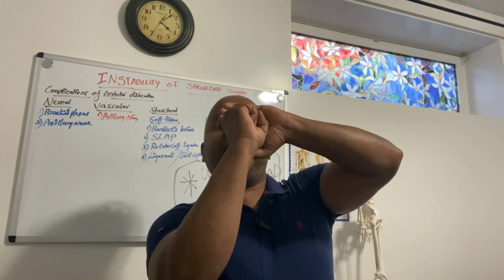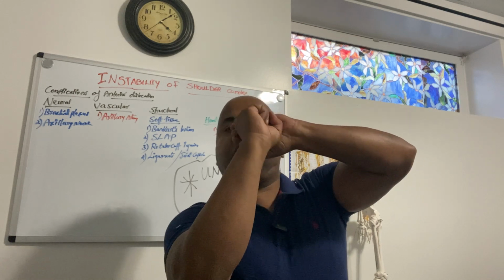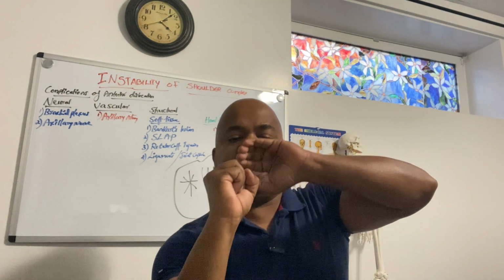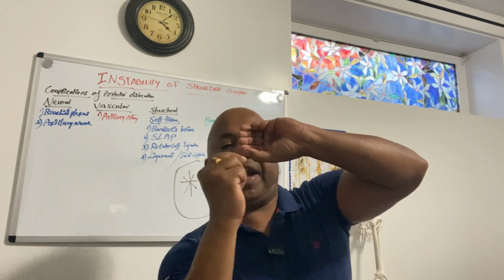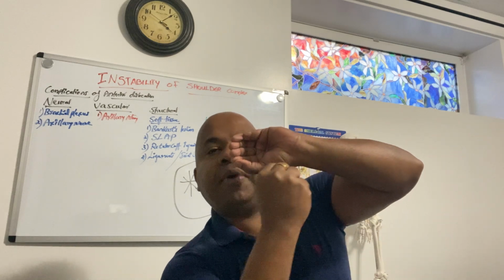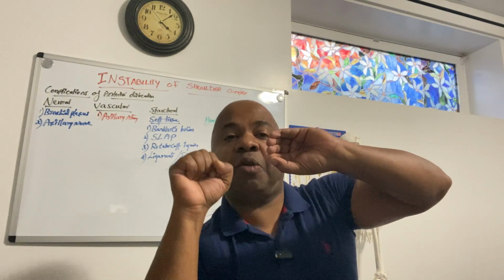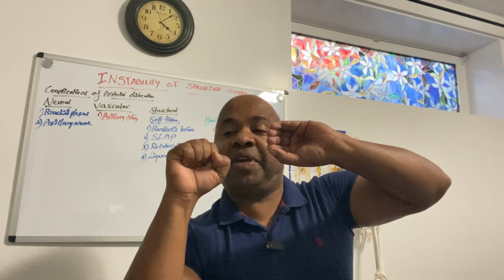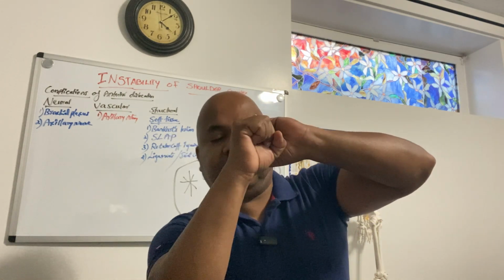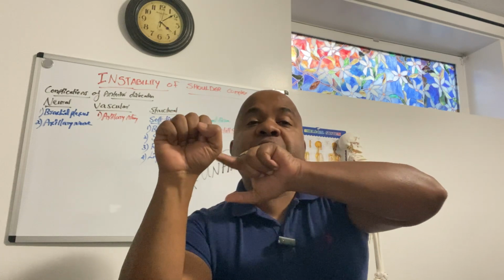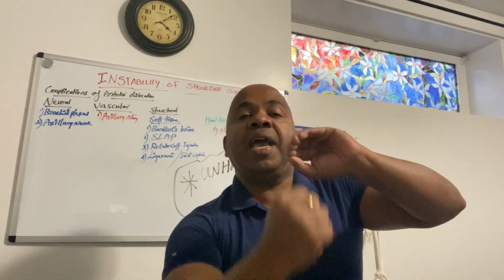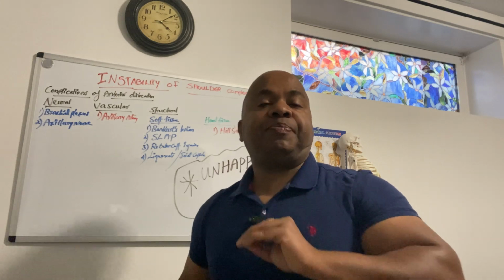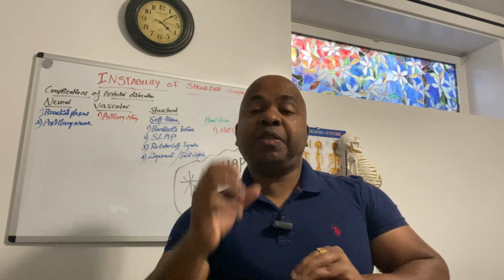When the humerus moves inferiorly and anteriorly, the head of the humerus will make contact with the anterior inferior aspect of the glenoid fossa. Which part of the humerus makes contact? The posterior lateral aspect.